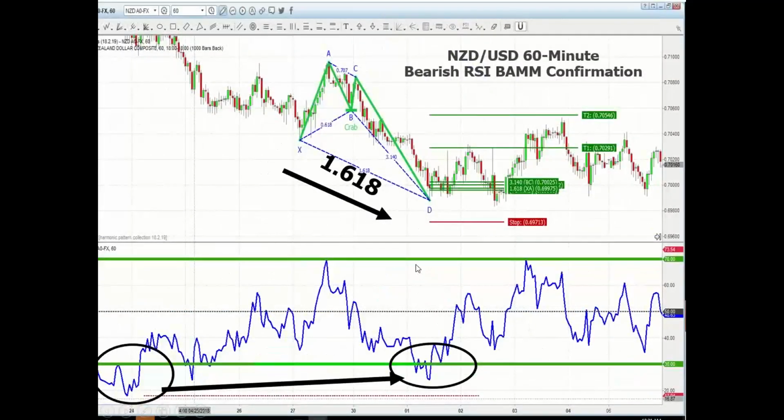There's a great example of it. There's Kiwi dollar on the 60-minute. And that's got everything we want to see here. There's a complex structure. And look at the price action up here. Really ugly. No constructive reaction even, and continuing to break down. The real RSI BAMM happens because we hit the 50 line.